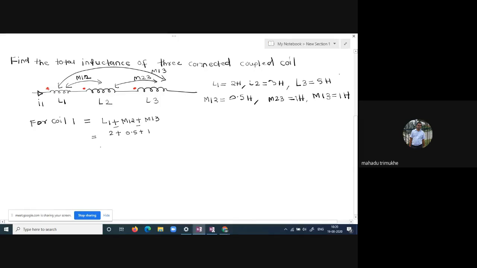So the equivalent inductance for coil 1 is 3.5 Henry. Similarly, you calculate the equivalent inductance for coil 2.